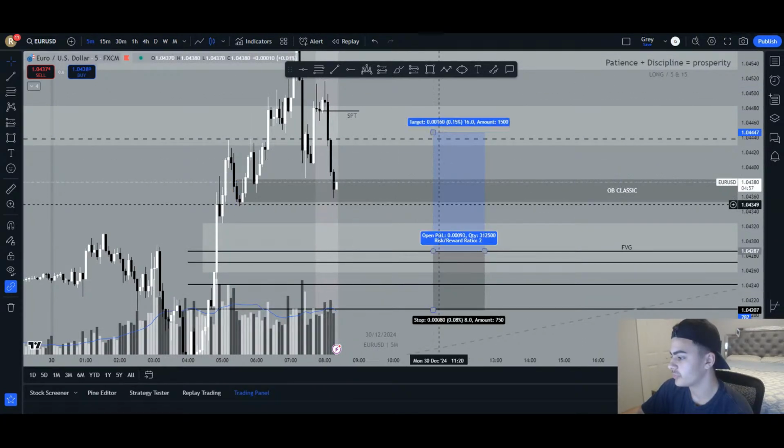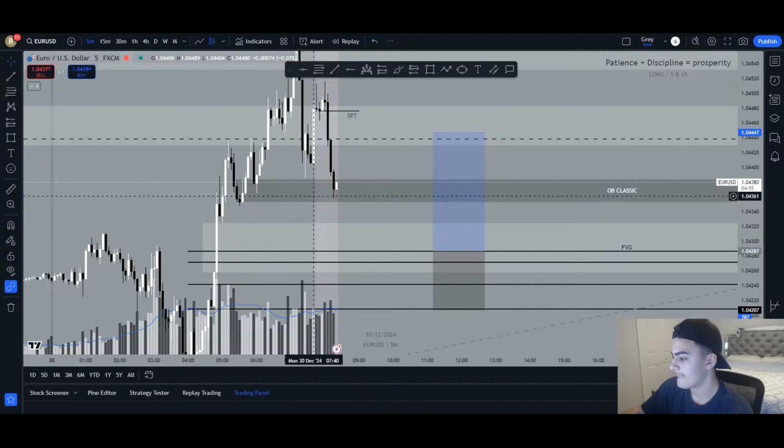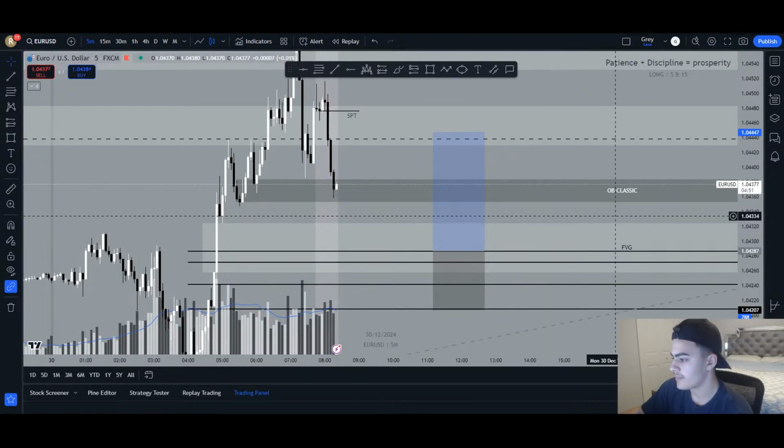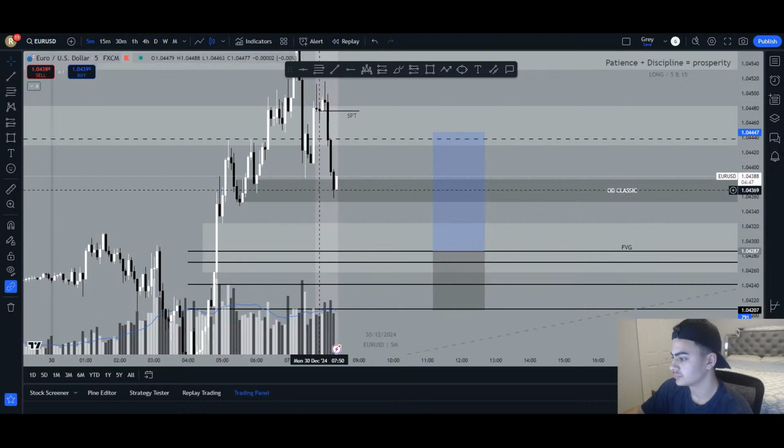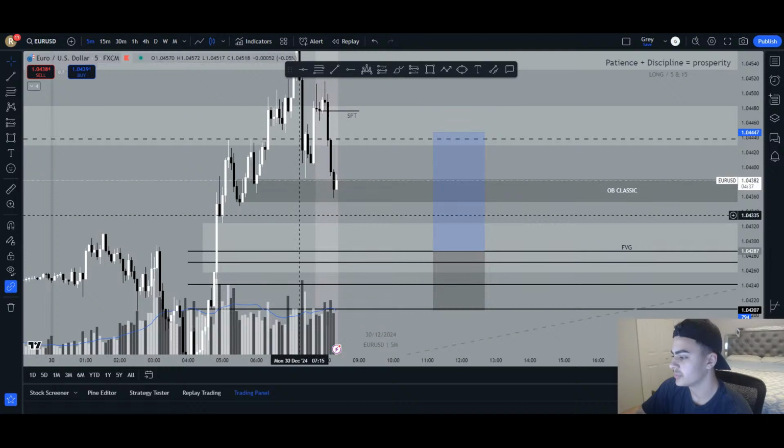There's a lot of movement here for the sells. Like I said, no bottom wick, so it went down to retrieve some liquidity that it failed to grab down here, pushed up, and then went down to grab it.